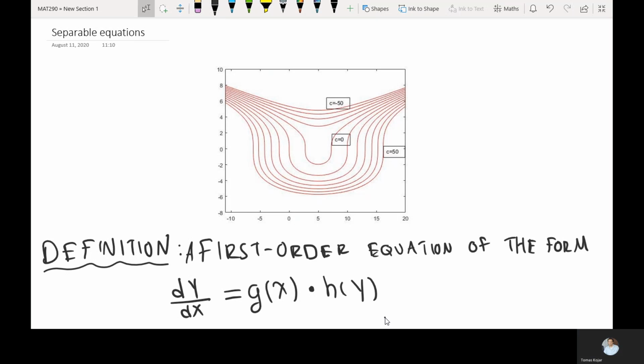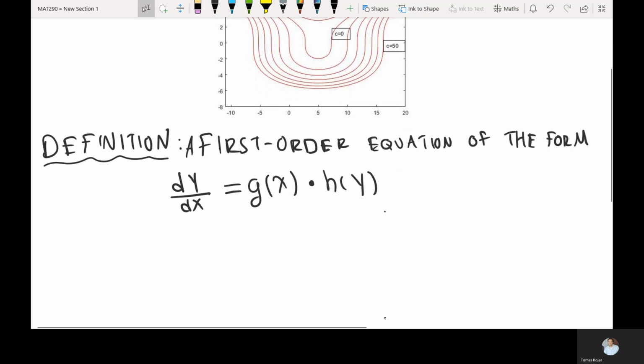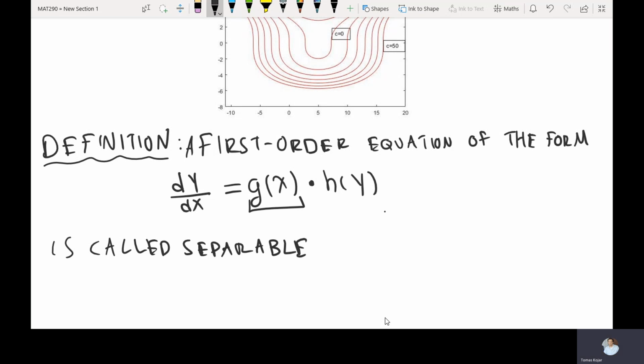Okay. So y' is separable because the dependence on x and y has been separated in a product.